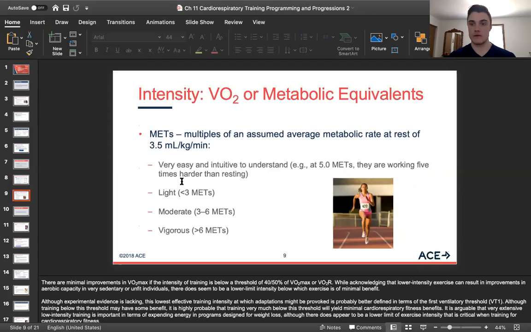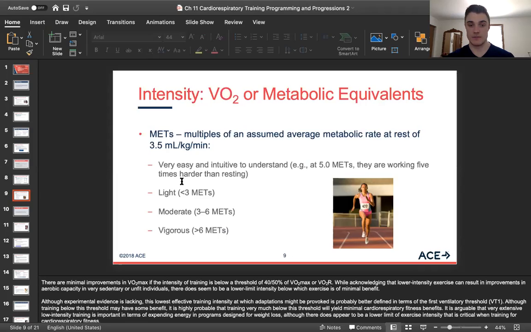Okay, metabolic equivalence. Oftentimes on cardio equipment, you'll see METs, and this is directly related to that. A metabolic equivalent is basically the volume of oxygen consumed at rest. So for any given individual, approximately 3.5 milliliters per kilogram per minute are consumed at rest.